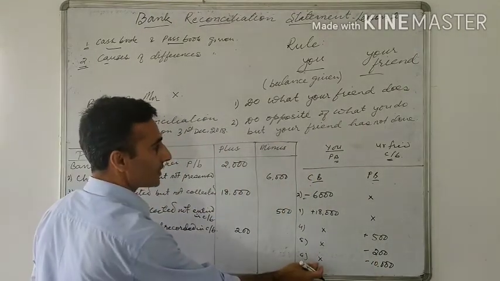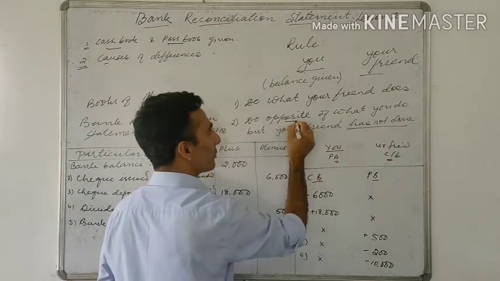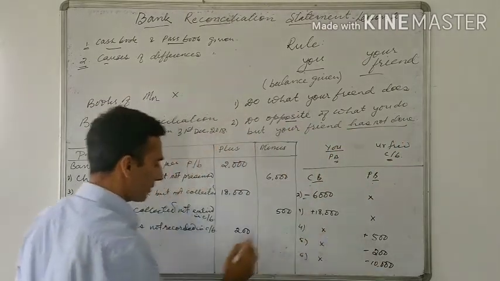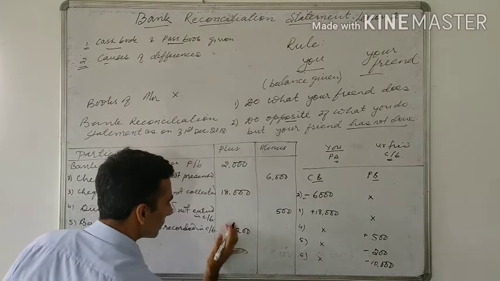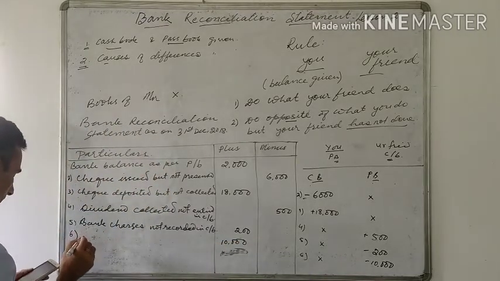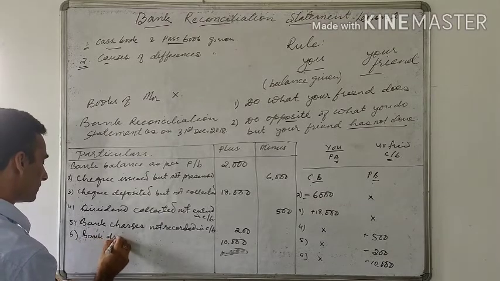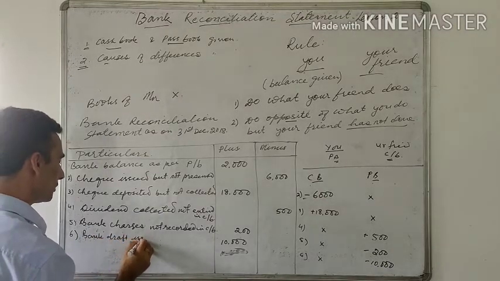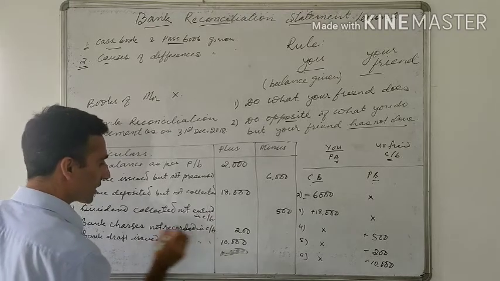Again, your friend has not done anything, so what you have to do is the opposite. So this will become plus 10,000. Bank draft issued, not recorded in cash book.